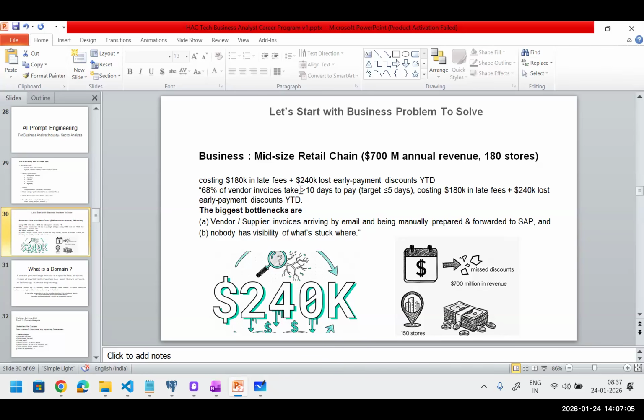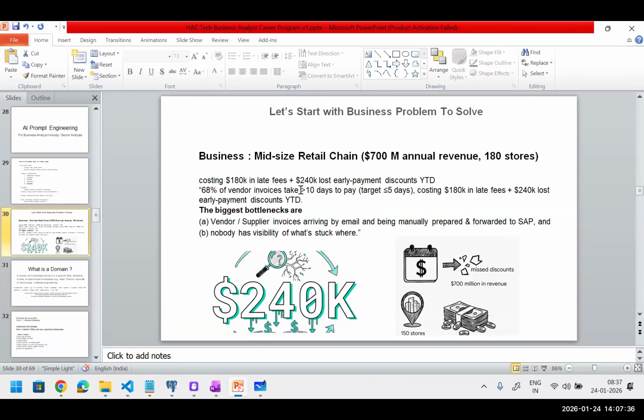This company buys products from vendors, and vendors get paid, but the payment cycle is getting delayed. The vendors are complaining that even after 30 days they are not receiving payment.